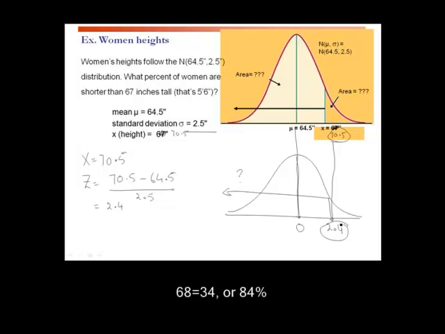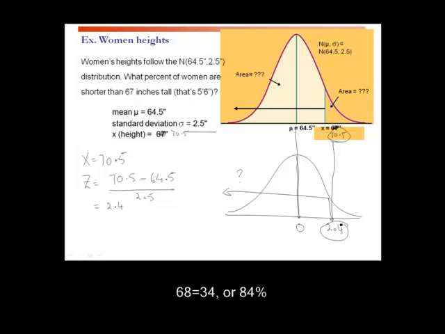Now, would you agree that 2.4 is the same as 2.400? So look at the second column. On the top row, it says 0.00. Look for the intersection of the row 2.4 and the column 0.00. What do you see?